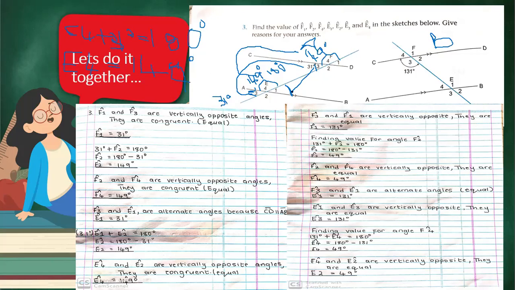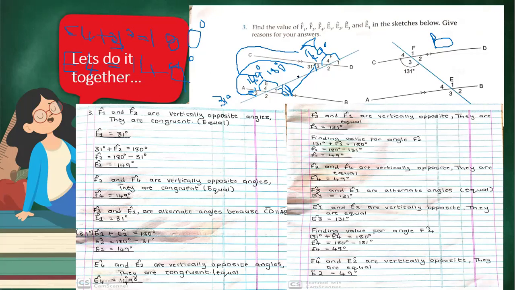Correct. So the size of our angle E1 must be 31 degrees. Correct. Yes. So that makes our E1 angle 31 degrees.